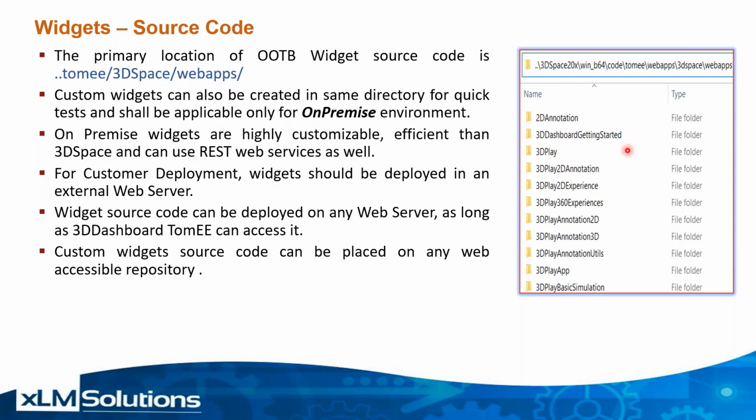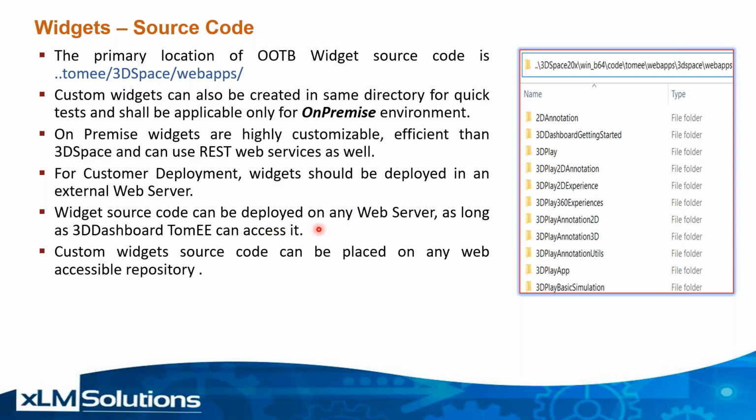Here you can create a directory and add more widgets to it, your code. On-premise widgets are highly customizable. They are more efficient than 3DSpace and can use REST web services as well. Understanding this point, we will focus on this and technically see how they are fast and what all they are leveraging for us. For customer deployment, widgets should be deployed on an external web server. Widget source code can be deployed on any web server as long as the 3D dashboard can access that Tomcat.